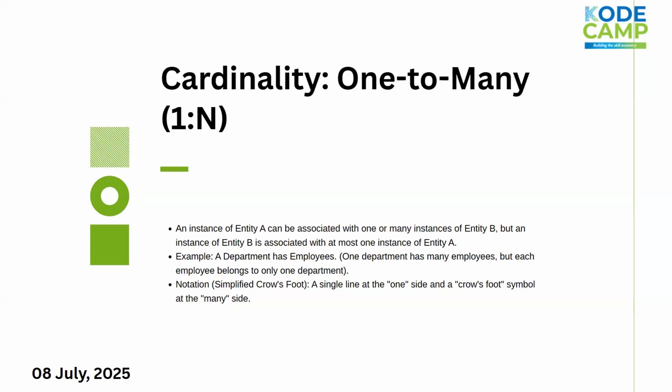Don't worry, it's somehow confusing, right? So let's see the example. A department has employees. Does that make sense? Does that represent one-to-many? Yes, sir. Right?